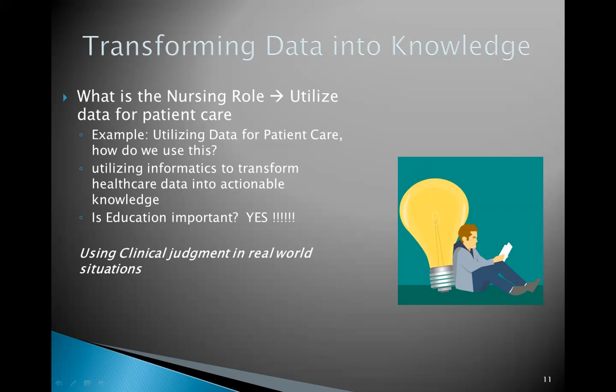If a nurse notices any concerning trends in the patient's vital signs through data analysis, such as unexpected increased blood pressure, informatics empowers us to promptly recognize the deviation from normal ranges.